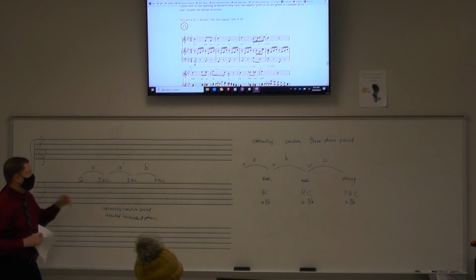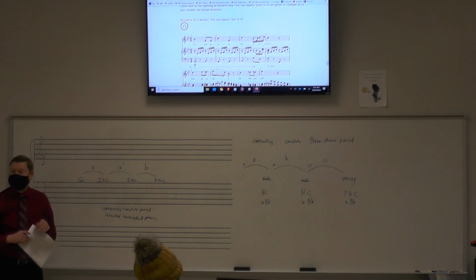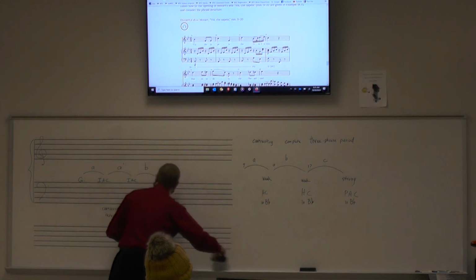I think it's hard to call something like this a genuine 3-phrase period because, again, the phrases aren't really different from each other. And when phrases aren't that different from each other, you can see one phrase as a repetition of another. It's too easy to do that. So would that still be the same if the first IAC was an HC instead? Yeah, that's a good question. Then it gets even a little harder.